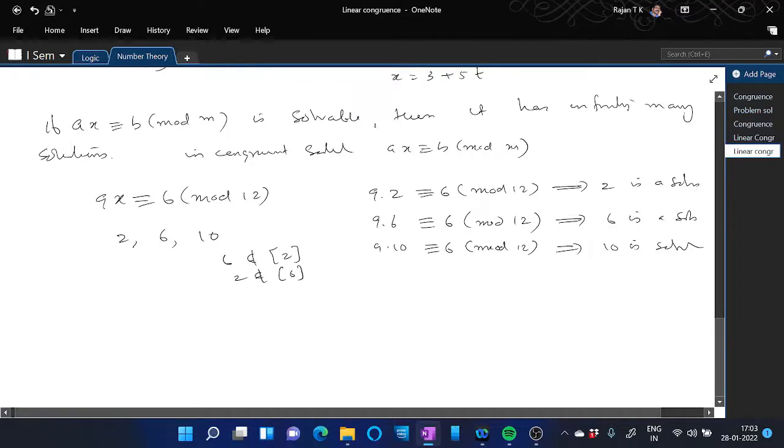These solutions 2, 6, 10 are called incongruent solutions to the linear congruence 9x congruent to 6 mod 12. So in this section we will be seeing how to get the incongruent solutions of Ax congruent to B mod M and how many incongruent solutions there will be.